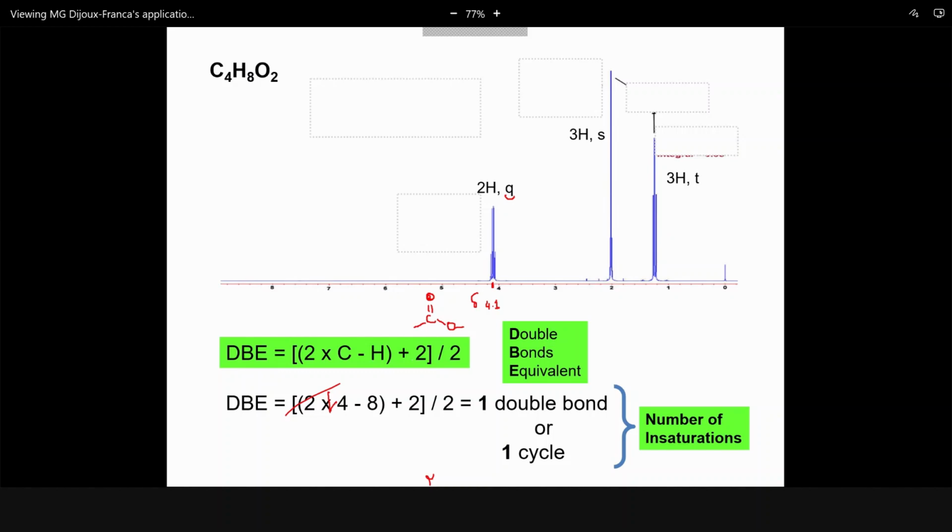Next to the oxygen, it will have CH3. Like that? Yes, so it will show a peak. No. And then next to the C, we'll have the CH3 and CH2.